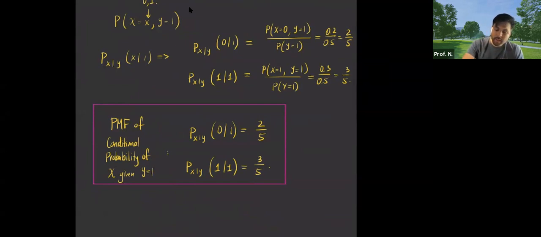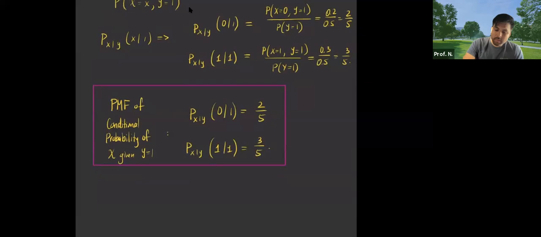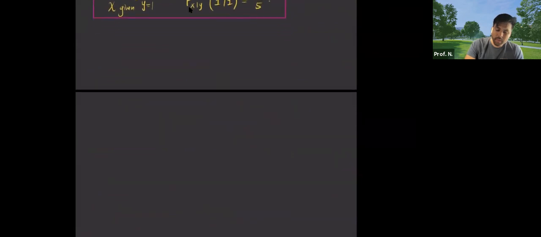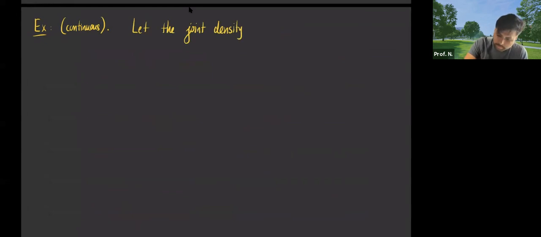Okay, and so for the last example, I want to look at the continuous case. So this is discrete. How about the continuous case? So let the joint density of x and y be given by this joint density function.